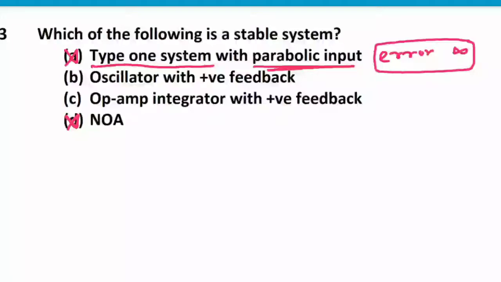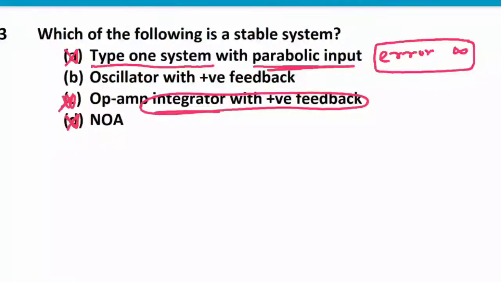Now we have two options. One is option B, oscillator with positive feedback, and option C is op-amp integrator with positive feedback. An op-amp integrator with positive feedback does not exist, so option C is also cancelled.